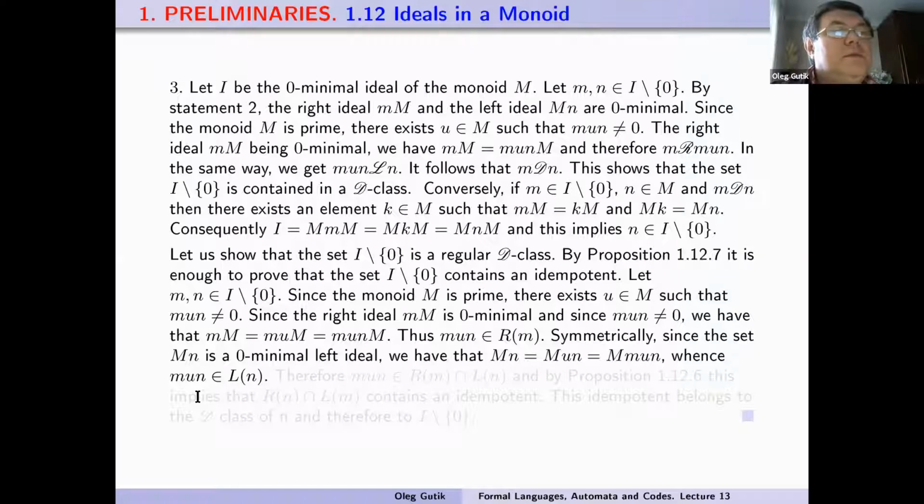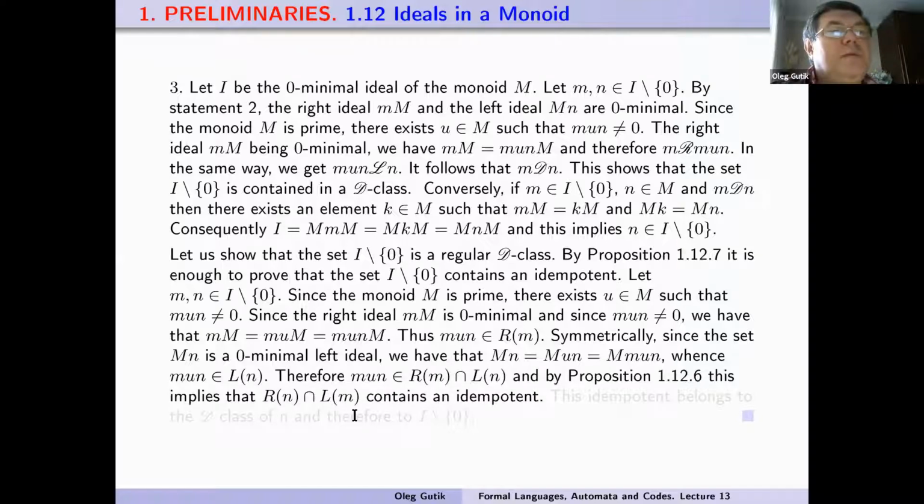Hence, MUN belongs to the L class of element N. Therefore, we get that MUN belongs to the intersection of the R class of element M and the L class of element N, and by proposition 1.12.6, this implies that the intersection of the R class of element M and the L class of element N contains an idempotent. This idempotent belongs to the D class of element N, and therefore belongs to the set I capital without 0.